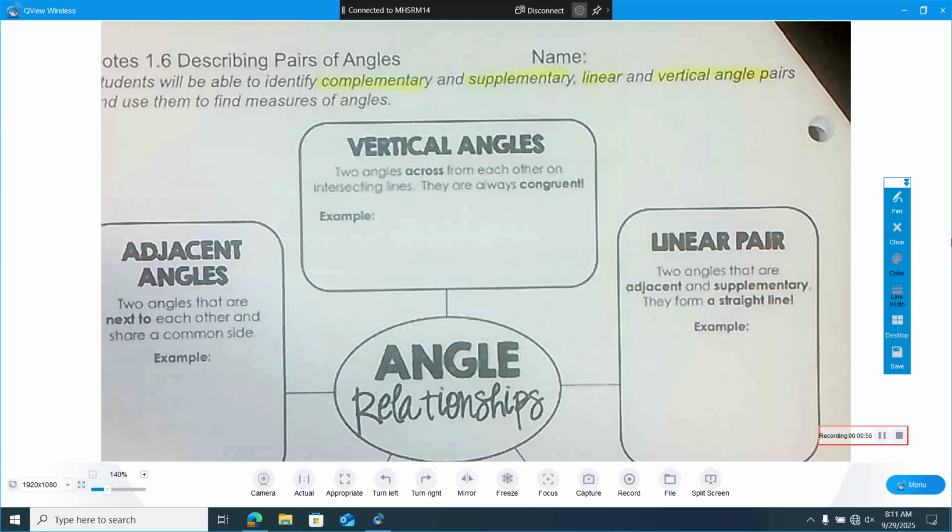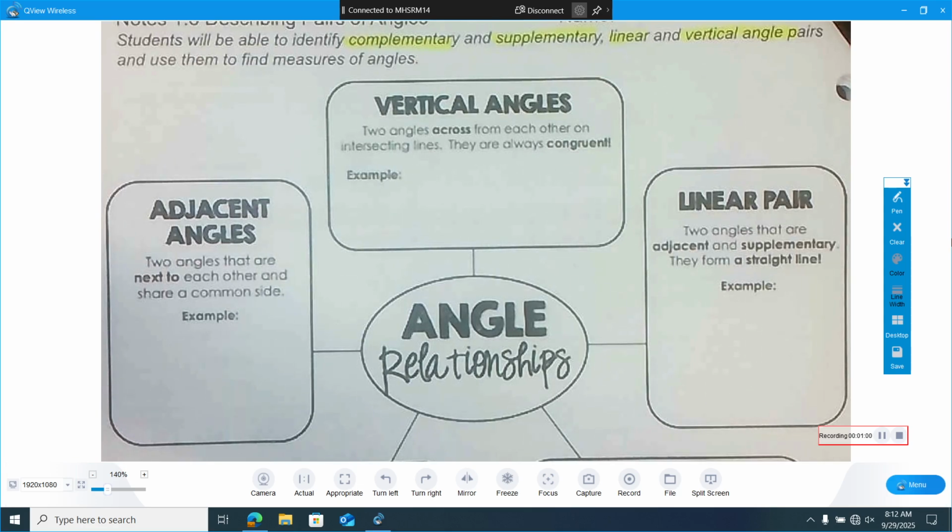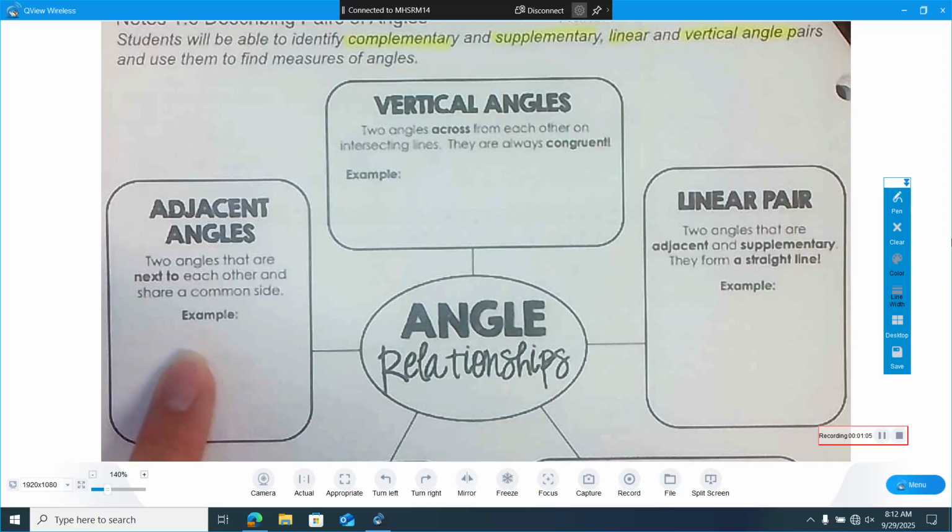So let's talk a little bit about, first of all, adjacent angles right here. Adjacent angles are two angles that are next to each other and share a common side.